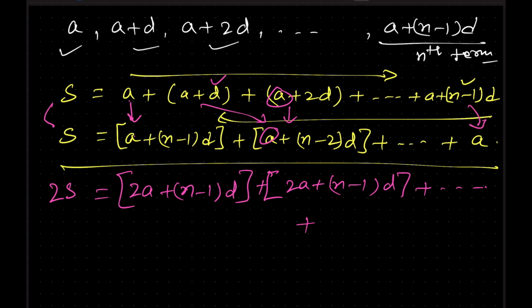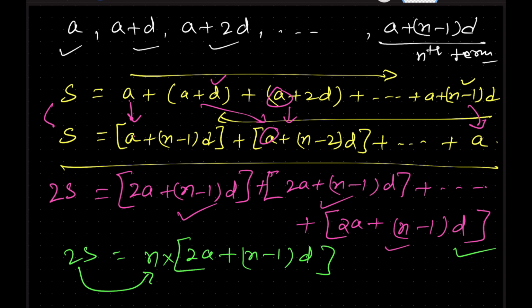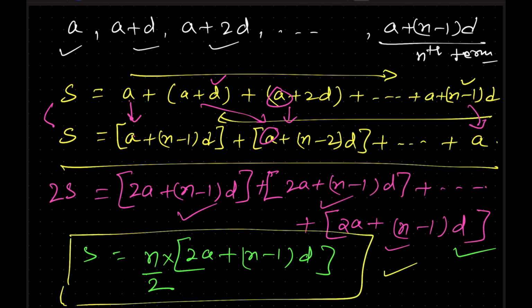So each pair adds to 2A plus (n minus 1) times D. You can see that these are repeating. How many times does this number repeat? 2A plus (n minus 1)D repeats n times, so 2S equals n times that. Finally, bring the 2 to the other side, and this will be your final formula for finding the sum of the AP.